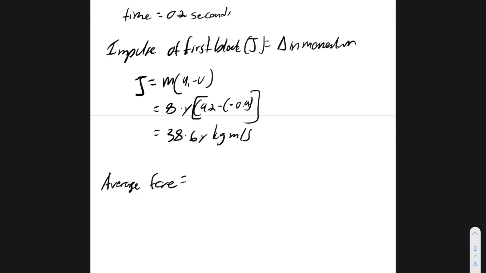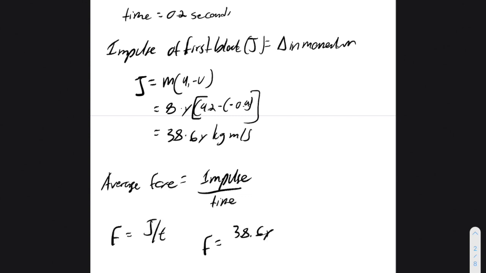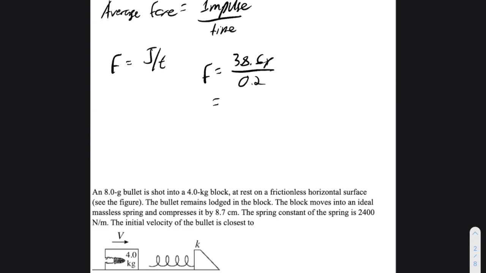Now we know the average force is given by impulse upon a time interval t. So we can say that F is equal to J divided by t. Now we put that into the equation, and the answer we get is 193.2 newtons.